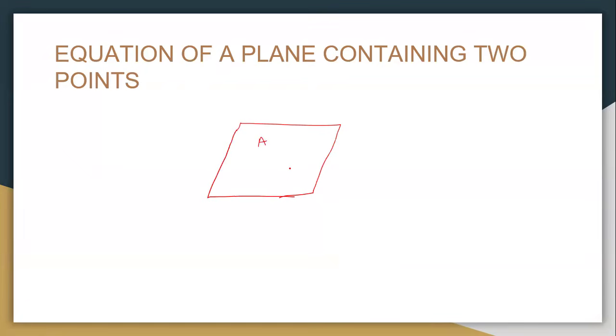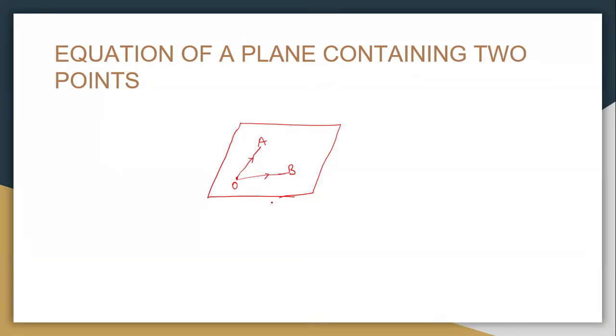Let me say this is point A and this is point B. When you have 2 points along the plane, we shall always assume that their reference point is the origin. In other words, you'll have your O to A and then your O to B.